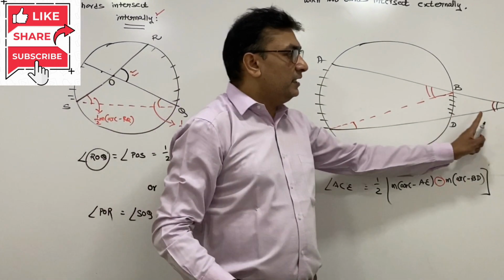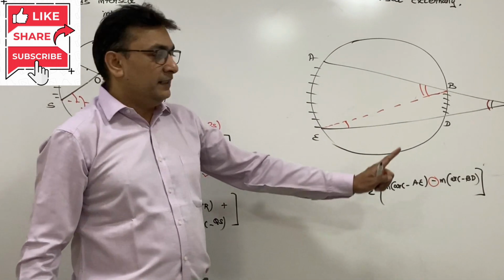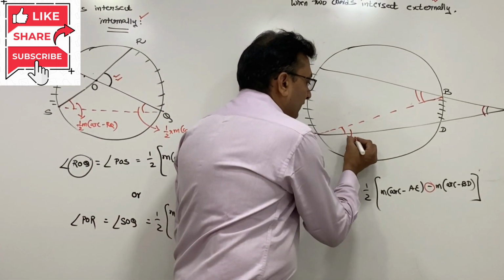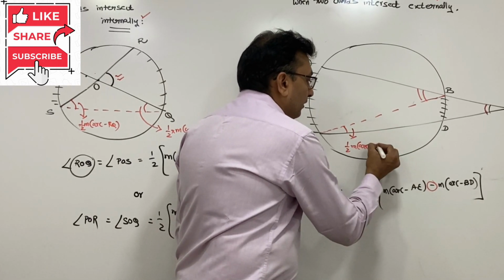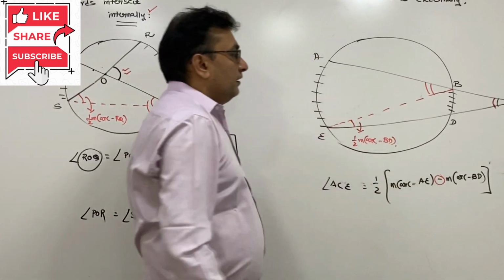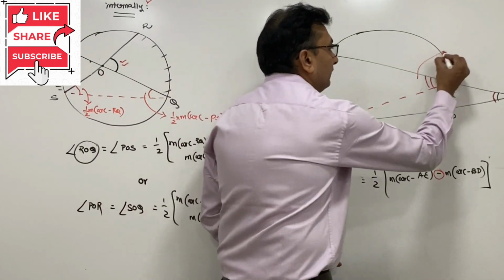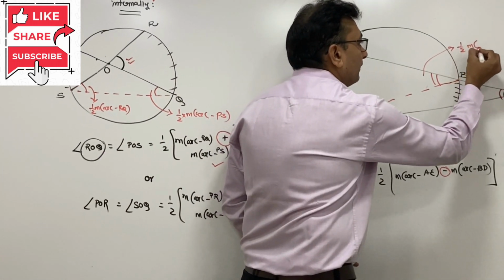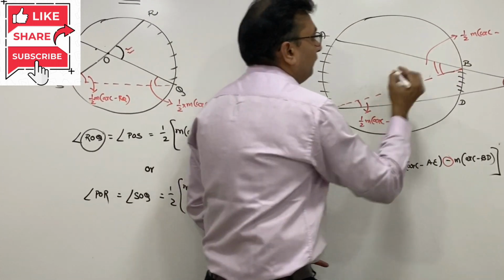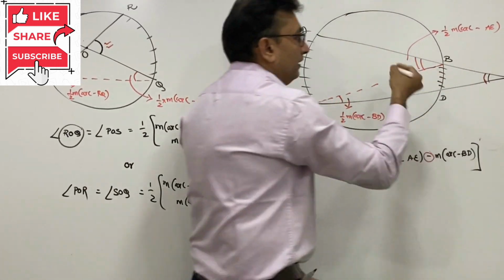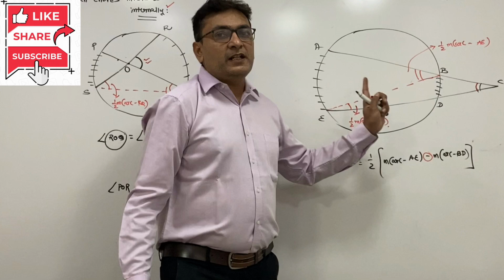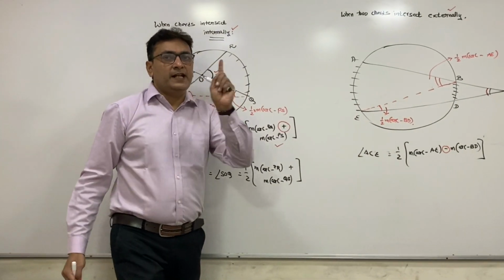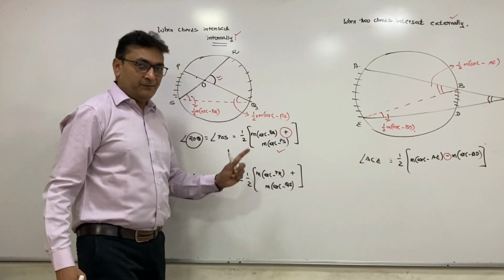So it is angle E plus angle C. So this is half of arc BD, and this is half of arc AE. If you simplify, you get the same thing. These are the two properties which you need to understand, which are very regularly applied in this topic.